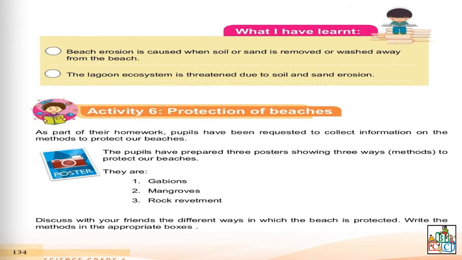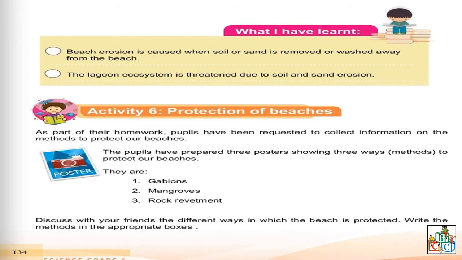As part of their homework, pupils have been requested to collect information on the methods to protect our beaches. The pupils have prepared 3 posters showing 3 methods to protect our beaches. They are gabions, mangroves, and rock revetment. We are going to see each one of them. Discuss with your friends the different ways in which the beach is protected.